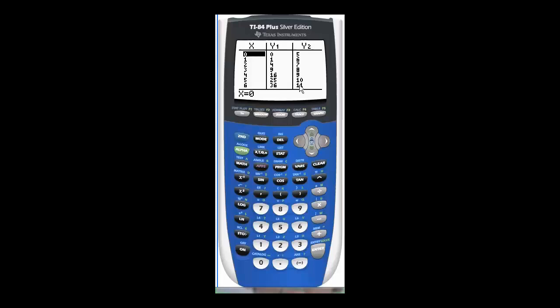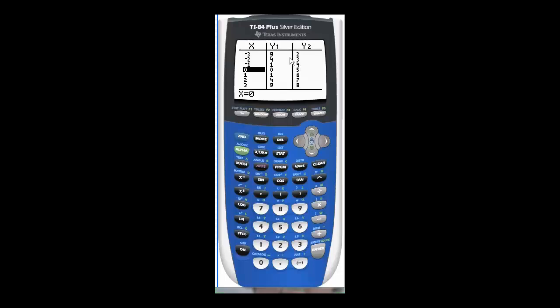This might be handy for maybe estimating where these functions intersect. Where are their y values the same? Well, let's see. I would guess somewhere in here, because here y1 was bigger, and as soon as we get here, y2 is bigger, so they must have intersected somewhere in this vicinity.